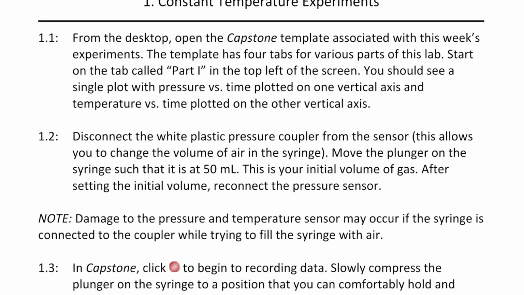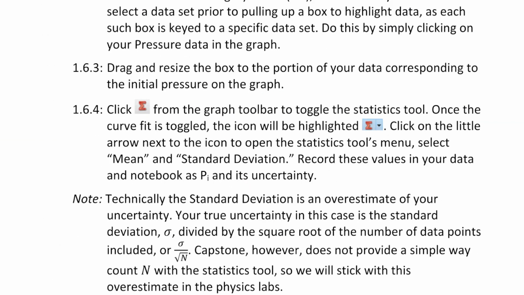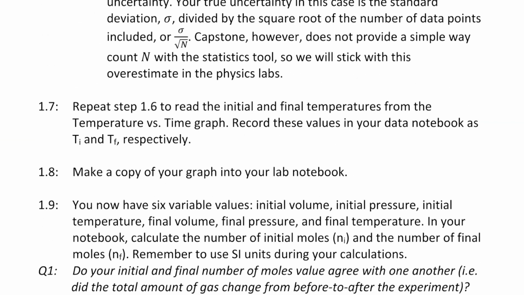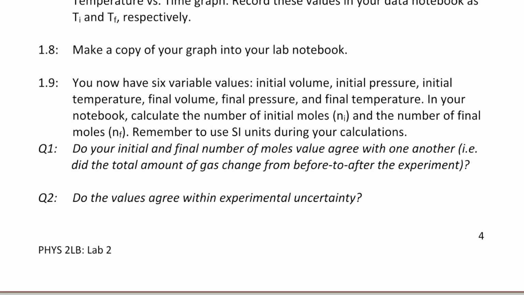Then the lab had you do the actual experiment where you measured with 60 mils and then 50 mils of initial volume. But really quickly, I wanted to talk about questions 1 through 3. Question 1 asks whether the initial and final number of moles agreed with one another for either the single 50 mil or the single 60 mil experiment, not between them.